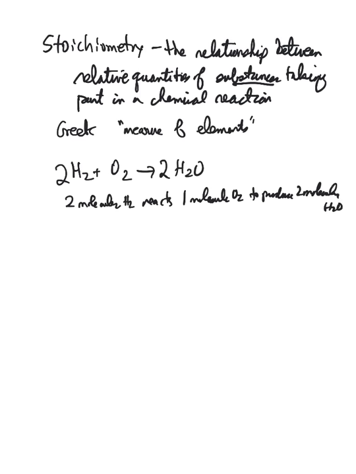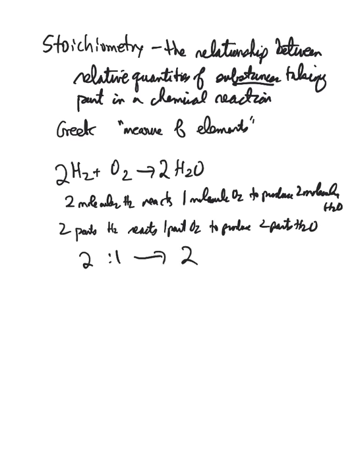That's on the most fundamental level, the smallest amounts that we can have reacting. Another way of saying this would be that 2 parts of hydrogen react with 1 part of oxygen to produce 2 parts of water. The ratio is 2 to 1 to make 2.